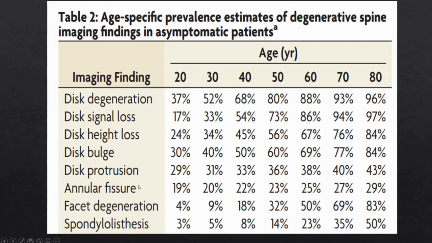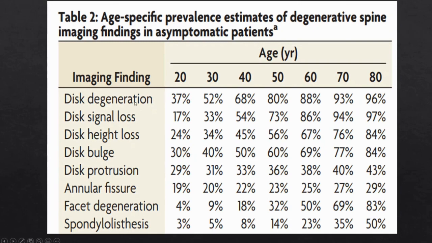But what I'm pointing out here is this is a common finding. It's a non-specific finding. It doesn't really have much physical findings attached to it. We shouldn't go doing major surgery for it. It's just a finding on an image.